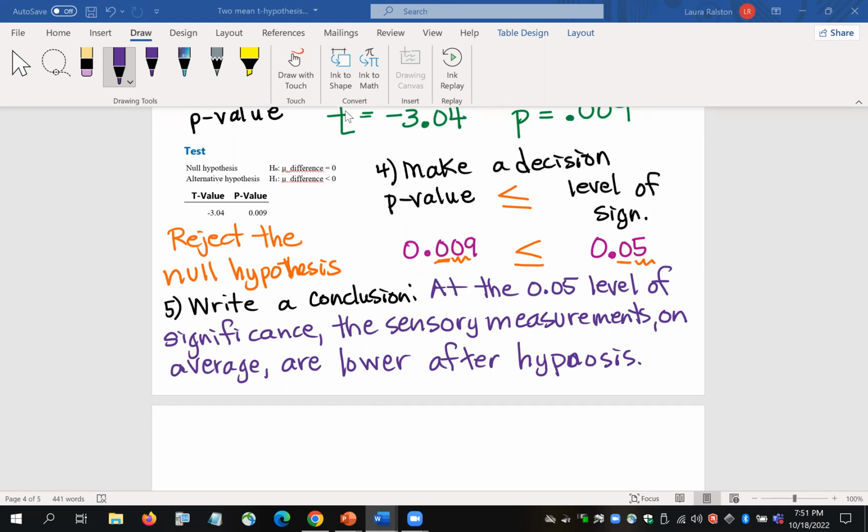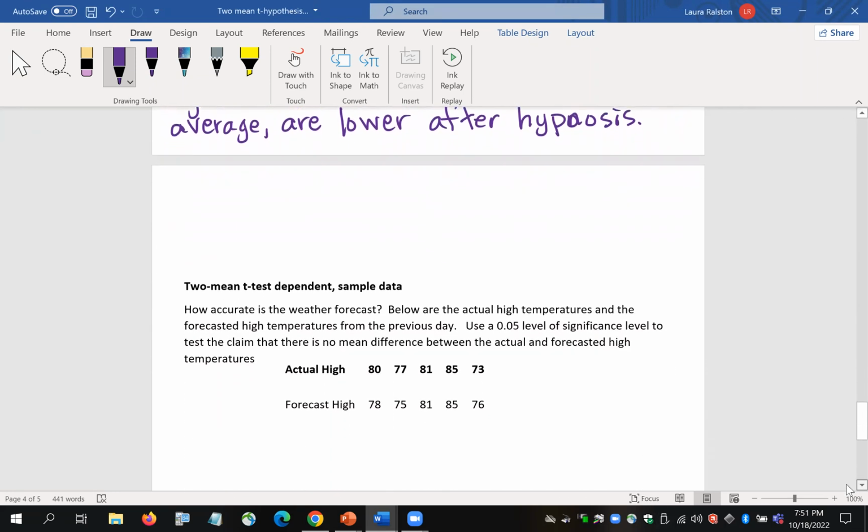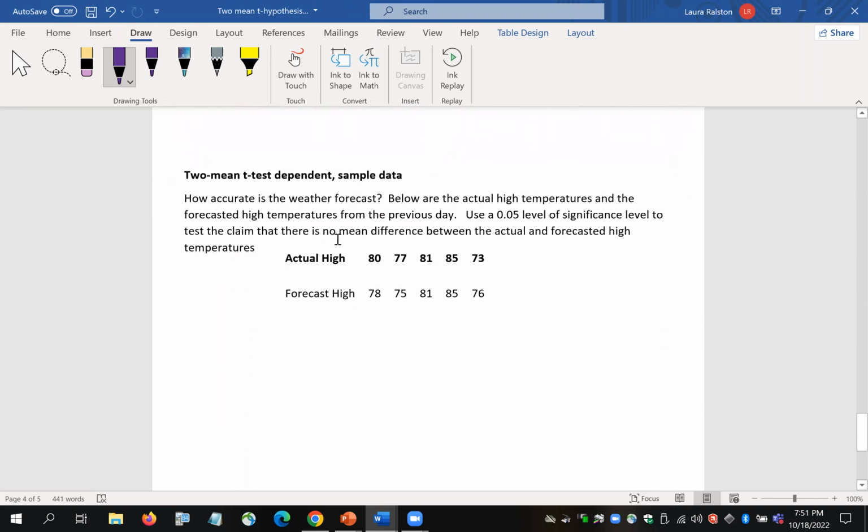But if you go to another problem, and I don't know that I have time to work through the whole thing, but if I went to this other problem, this one says there's no mean difference between actual and forecasted. So in this case, the way this is worded, I would put actual as my sample 1 and forecasted as my sample 2.